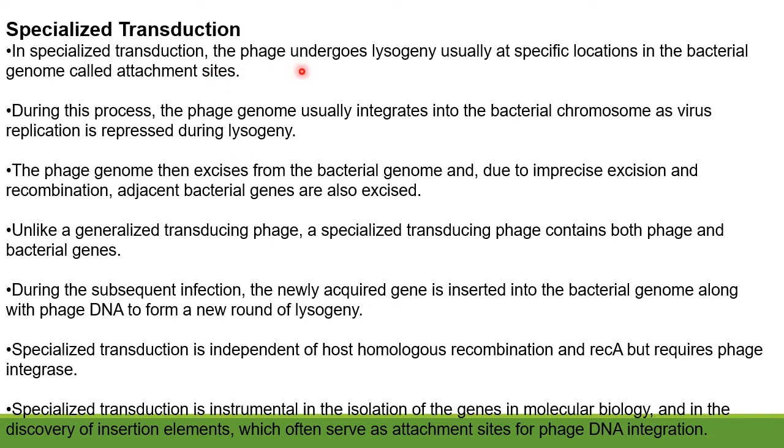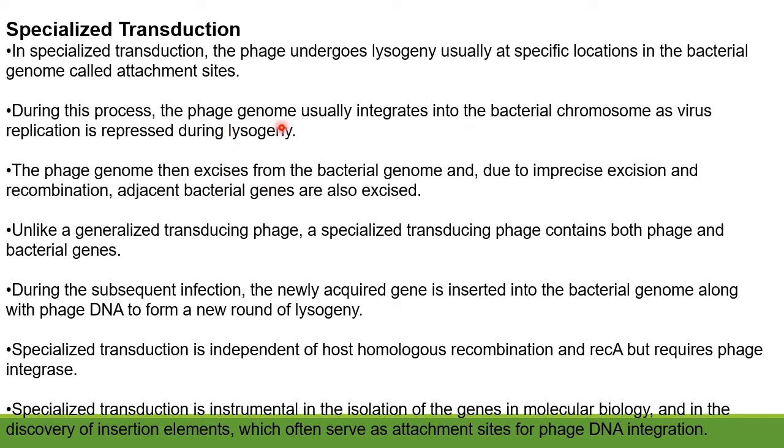So here what happens? Phage undergoes lysogeny or lysogenic cycle, usually at a specific location in the bacterial genome called the attachment site. During this process, the phage genome usually integrates into the bacterial chromosome as virus replication is repressed during lysogeny.